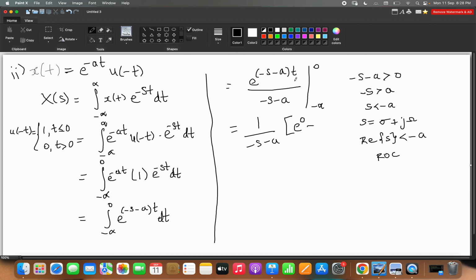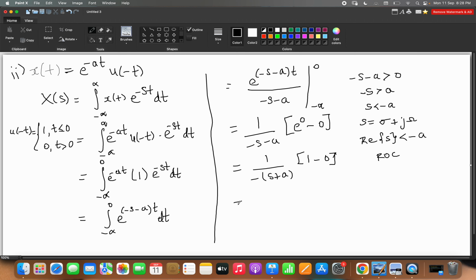If t is equal to minus infinity, e power minus infinity equal to 0. So this can be written as 1 by, taking minus common, s plus a, and e power 0 equal to 1 minus 0.